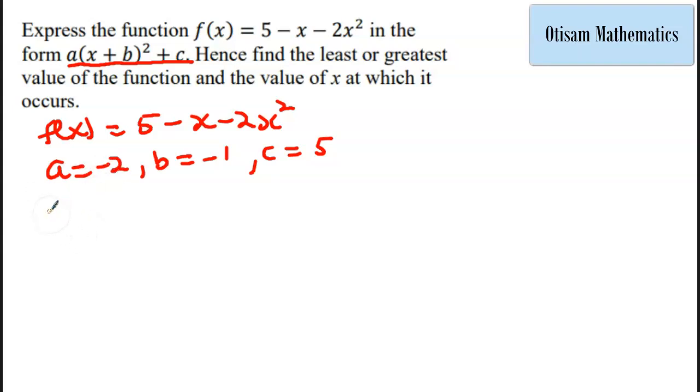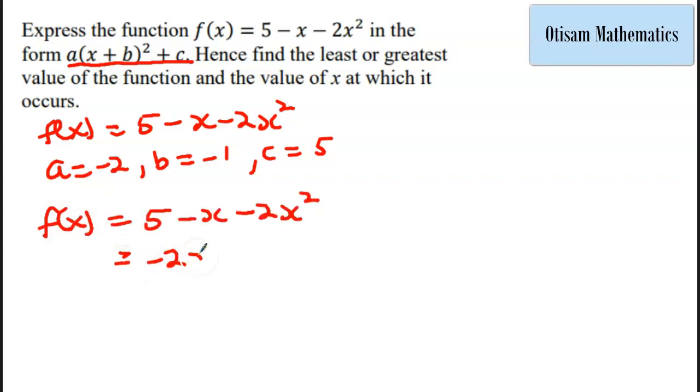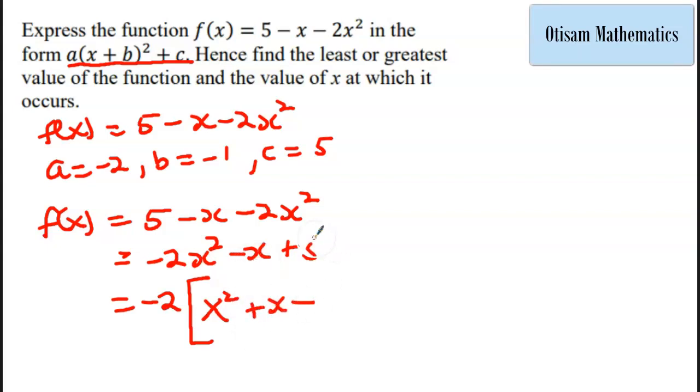So let's complete the square. We can rewrite it as minus 2x squared minus x plus 5. And then since we want the coefficient here to be 1, we can pull minus 2 out, and as soon as you do that, you have x squared plus x on 2 minus 5 on 2.